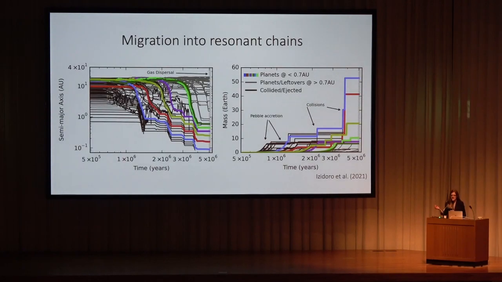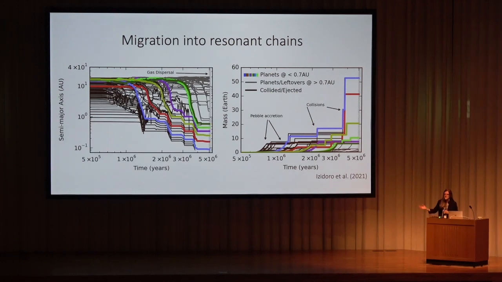Okay, so one of the theories of compact multi-planet formation holds that these planets might form at larger orbital distances and migrate inwards under the influence of disk-driven migration. However, in the process, the planets can get captured into resonant chains. But the observed planets are not predominantly resonant.